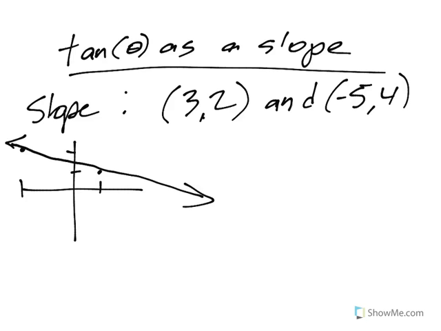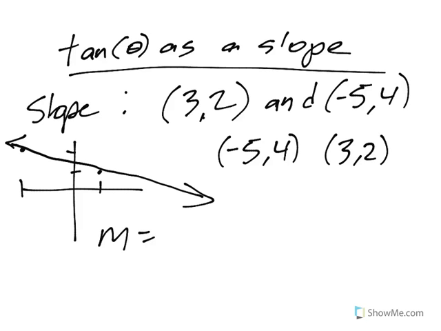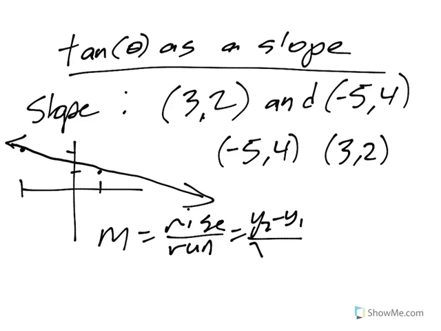The first thing I like to do is have the first point be the one that's on the left and the second point be the one that's on the right, because as I'm trying to figure out how much it's rising to how much it's running, if I'm going to figure out the change in y over the change in x, I would like the denominator to always be positive.